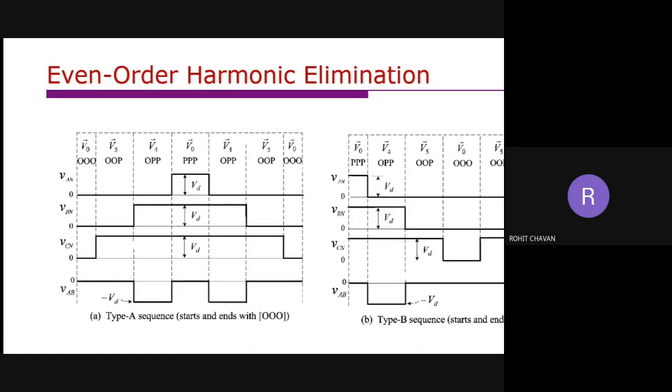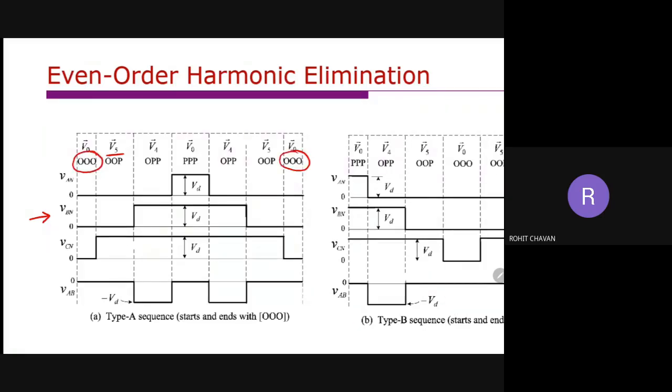This is the one that is originally implemented, right? The previous one we discussed was for sector 1, and this corresponds to sector 5. Earlier it was the same example. This starts with 000 and ends with 000.